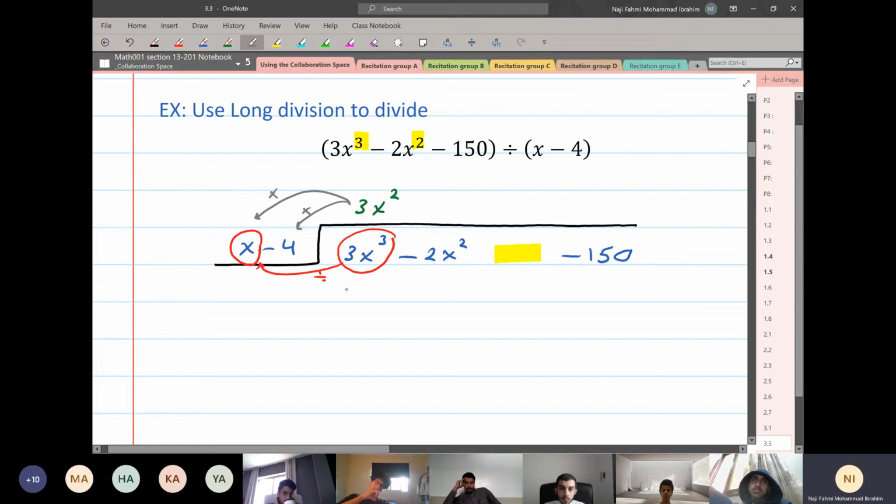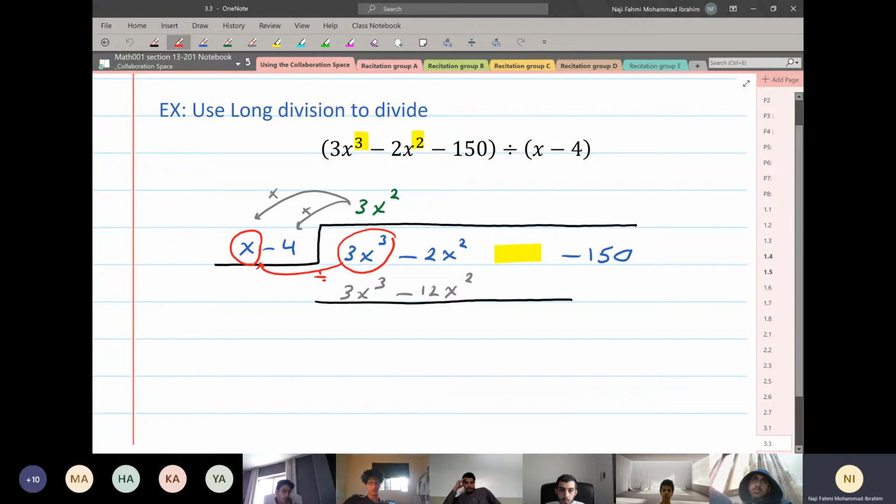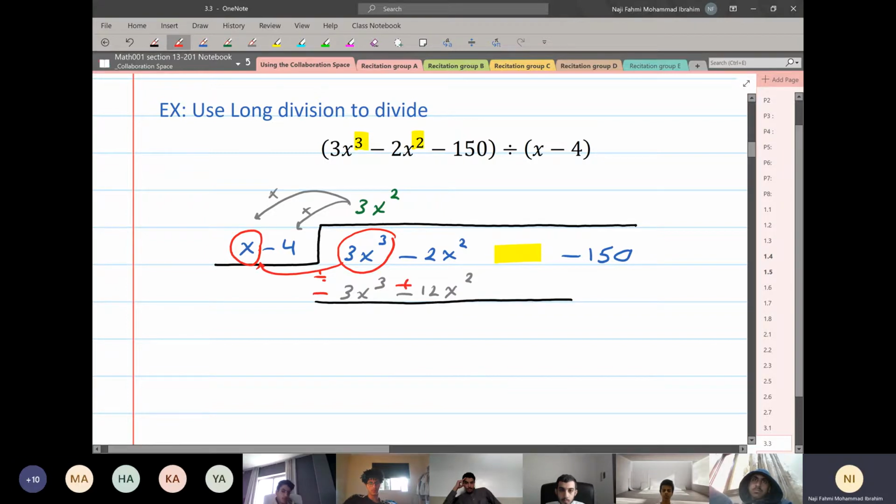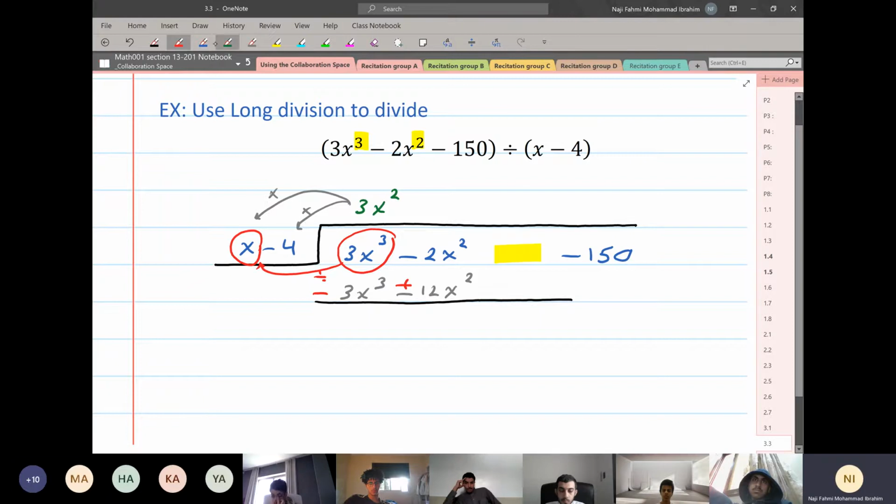So we have what then? 3x to the power 3 minus 3x squared times -4 is 12x squared. After that, we need to subtract. And if we want to subtract, it means change the signs of the last line.